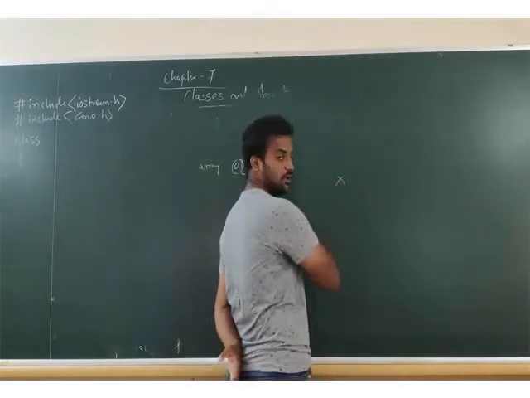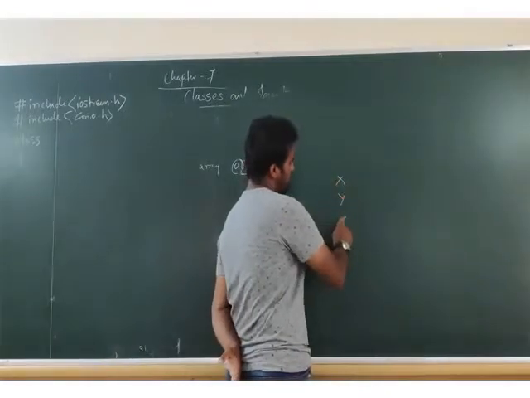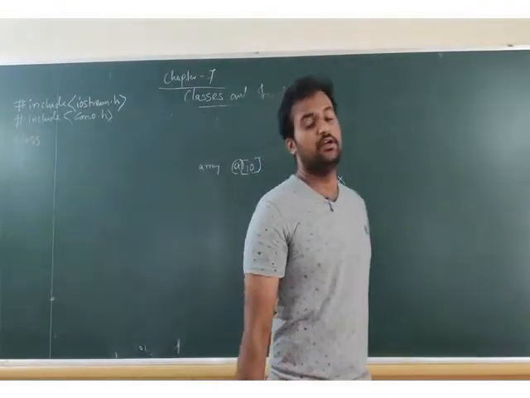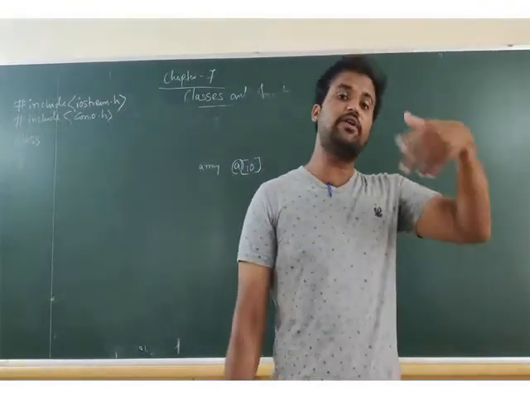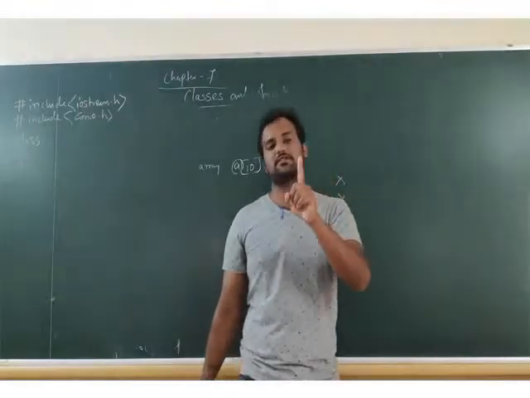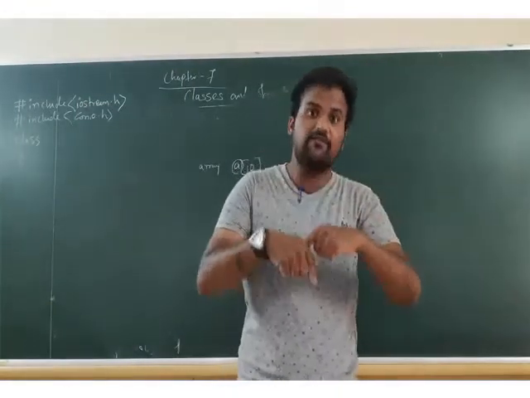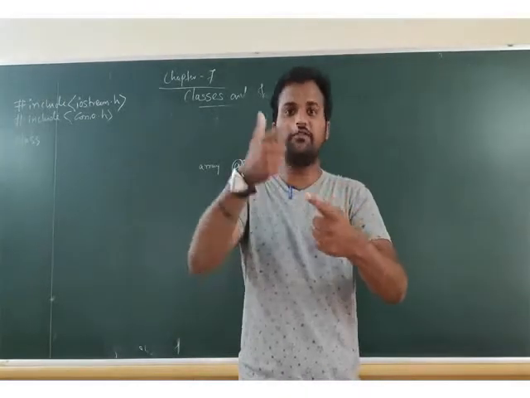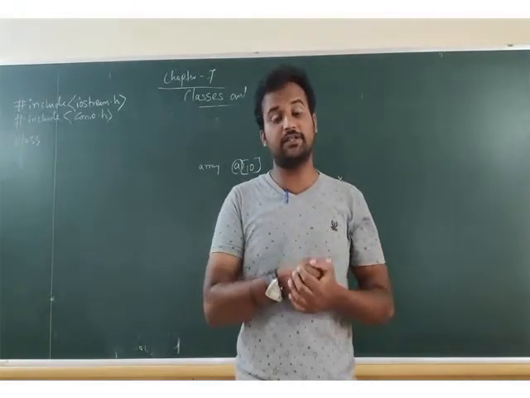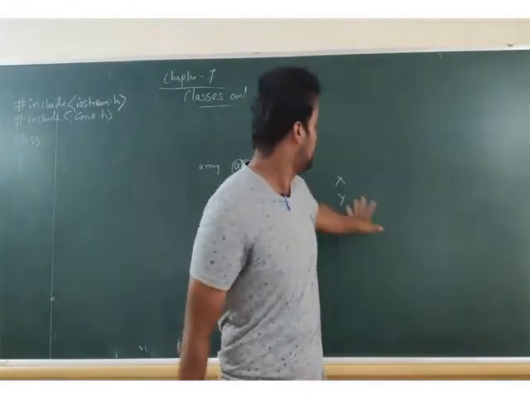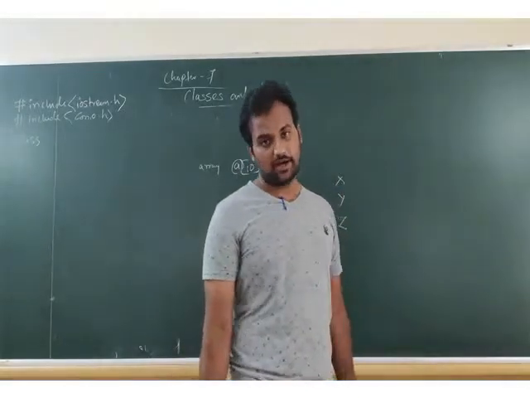X is one name, Y is another name, Z is the third name. These 3 names I want to execute by writing the program just once, but executing it 3 different times. How is it possible? By using object as an array.